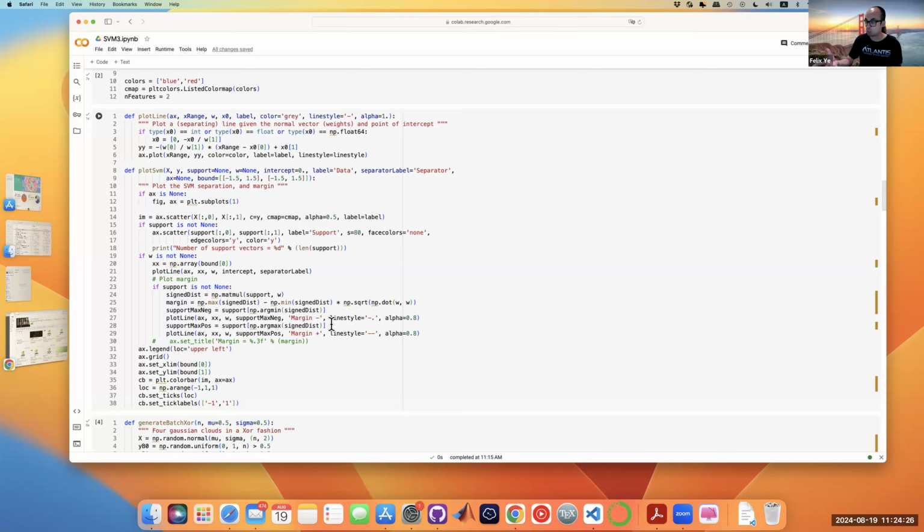An SVM will be slow if the number of data points is large, but it turns out SVM is independent of the dimension of the data features. You can have as many features as you want. It won't matter at all because it only depends on the number of n's right here.